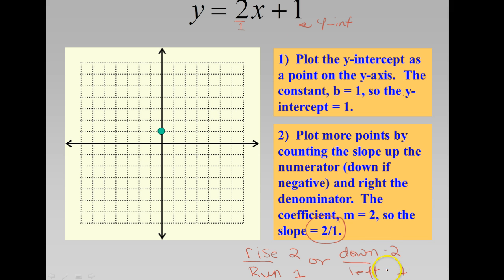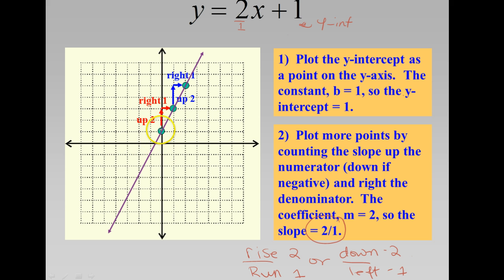That'll be a negative on a negative, so that'll still be a positive. So let's plot the points. We go up 2 and we run 1, so here is our next point. Up 2, run 1, and here is the line.